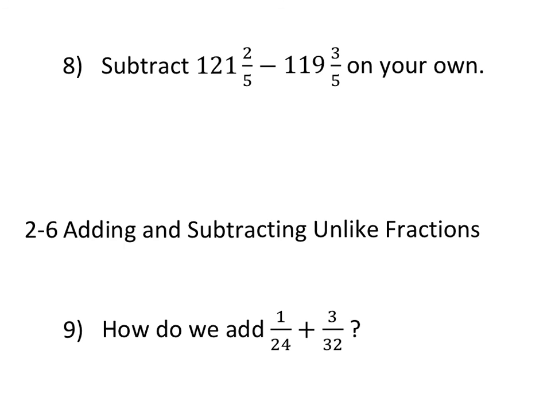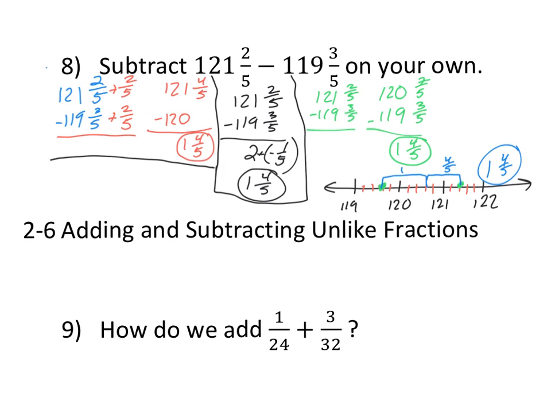Try any of those ways that you've done. See if you can figure out the difference between those two numbers, at least one of the ways, and then check with my answers. So here the answer is 1 4/5. And again, I did it 4 different ways for you to check to see hopefully one of the methods that you chose worked for you.